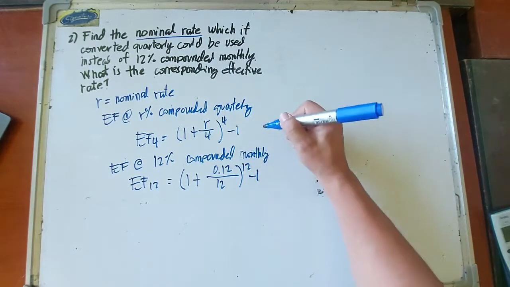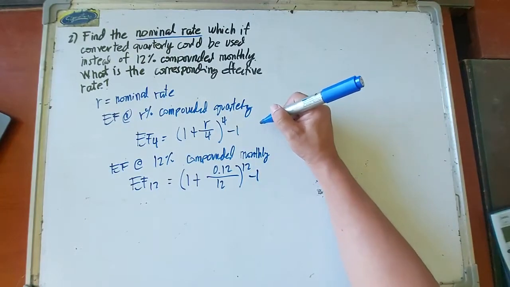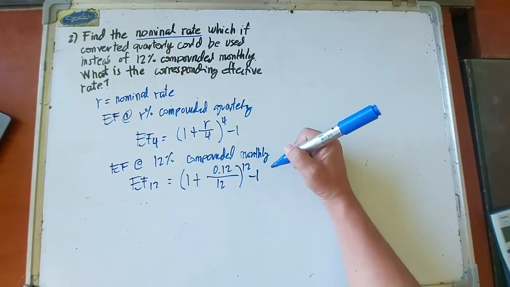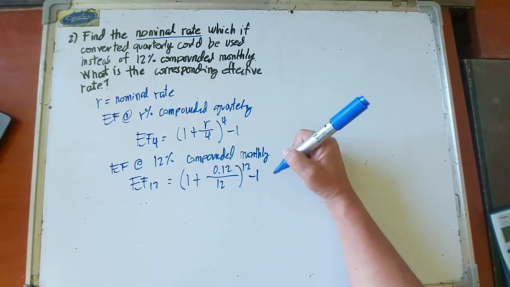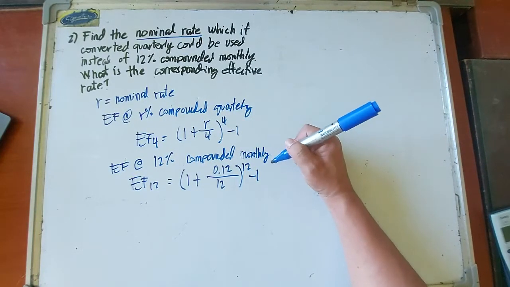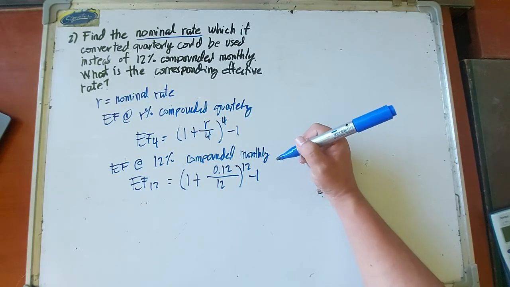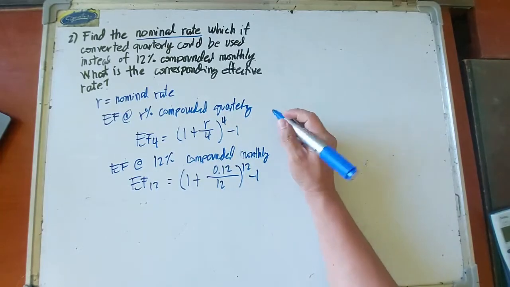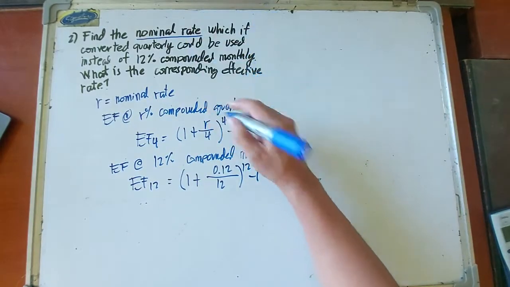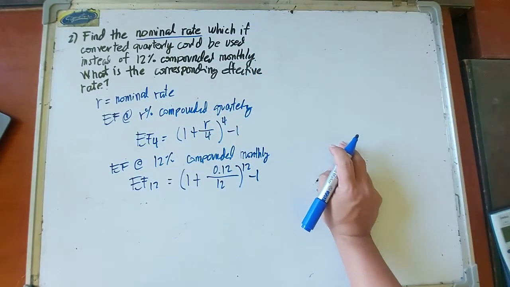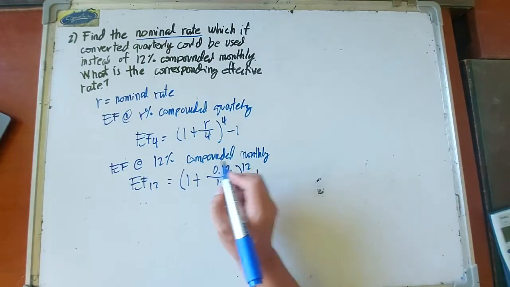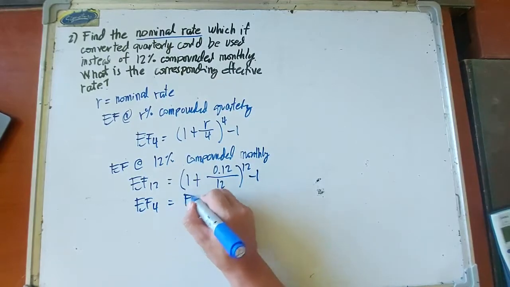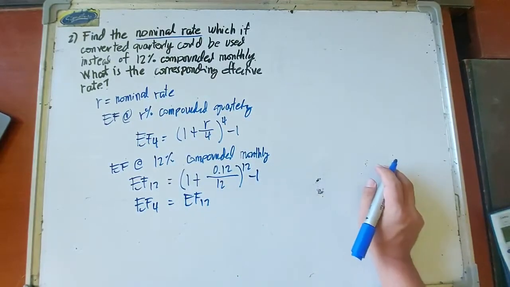So let's equate them. As I've said earlier, they should have the same effective rates. I will try to compare later on because we are also to solve for the corresponding effective rate. So the effective rate should be the same, so that we can solve for the unknown nominal rate. So let's equate the two. EF sub 4 should be equal to EF sub 12.